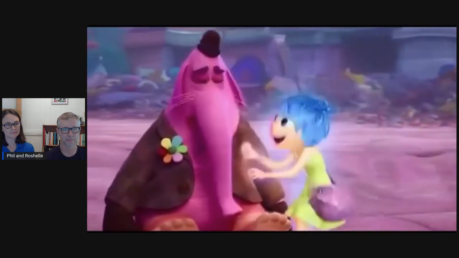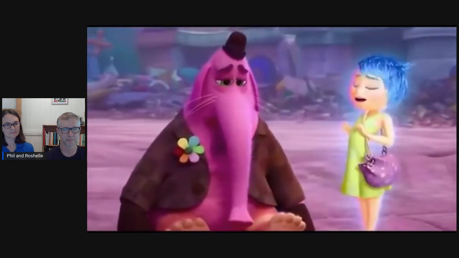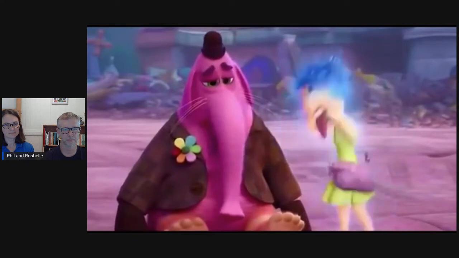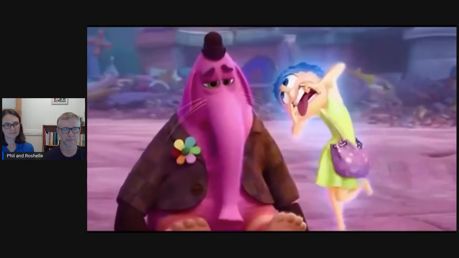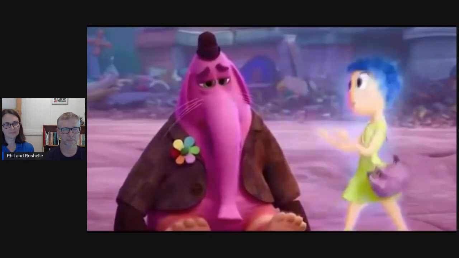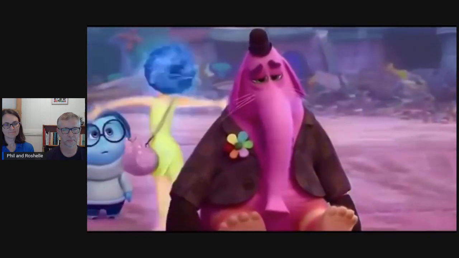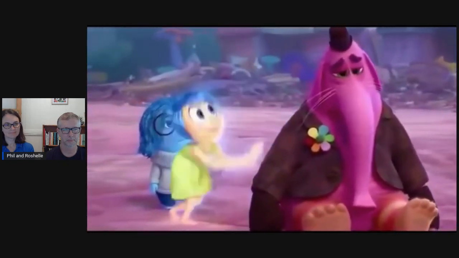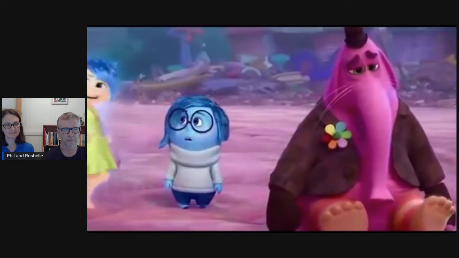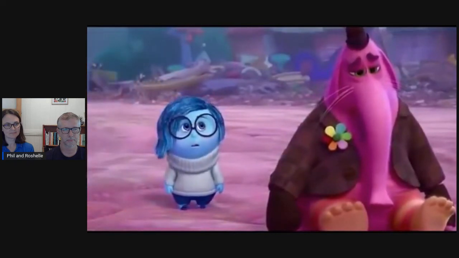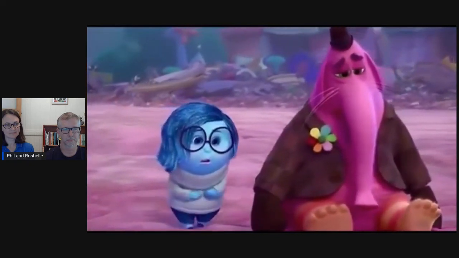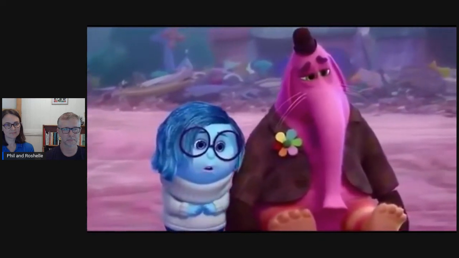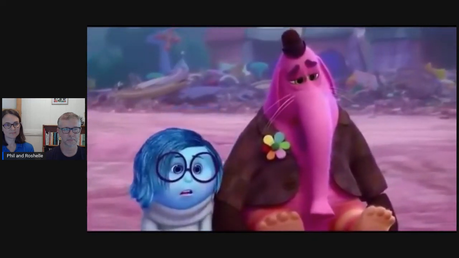Here comes the tickle monster. Hey, Bing Bong, look at this. Oh, here's a fun game. You point to the train station and we all go there. Won't that be fun? Come on, let's go to the train station. I'm sorry they took your rocket. They took something that you loved. It's gone.